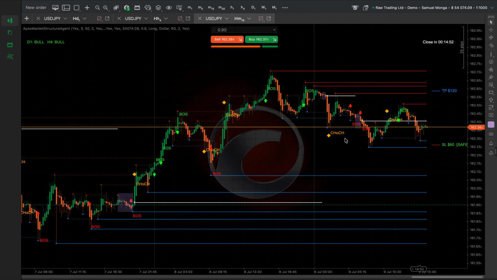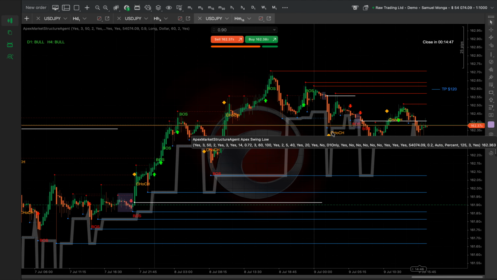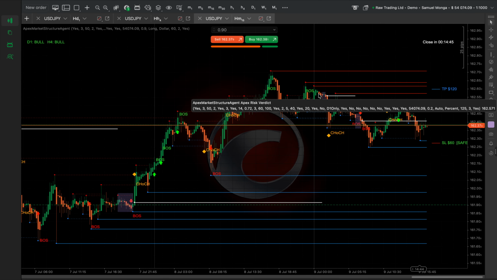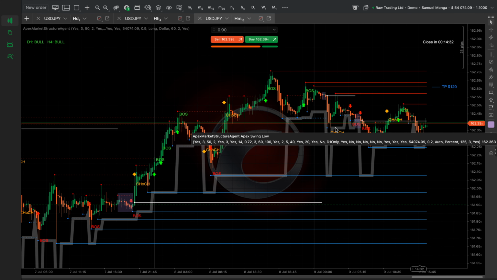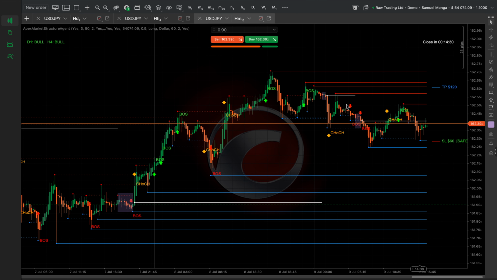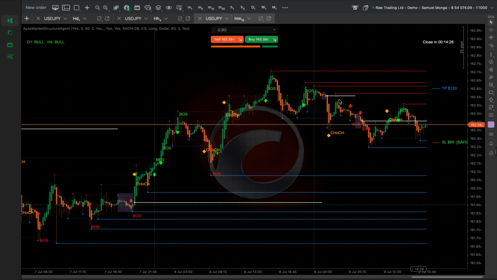Change of character, once it appears, you already know that actually we are going. But you also know that you have a white line here, which is a magnet, that if the price starts moving from here, it will test this place here. So if you enter here in 15 minutes, your first take profit will just be at this line here.